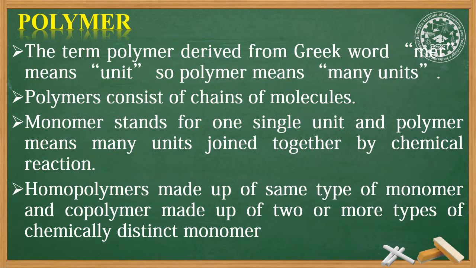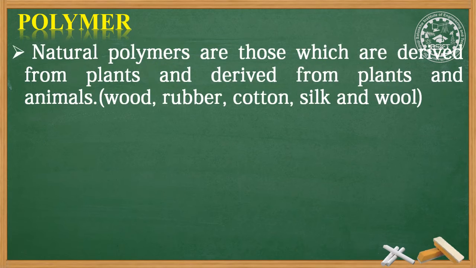Homopolymers are made up of the same type of monomers and copolymers are made up of two or more types of chemically distinct monomers. Natural polymers are those which are derived from plants and also from animals.